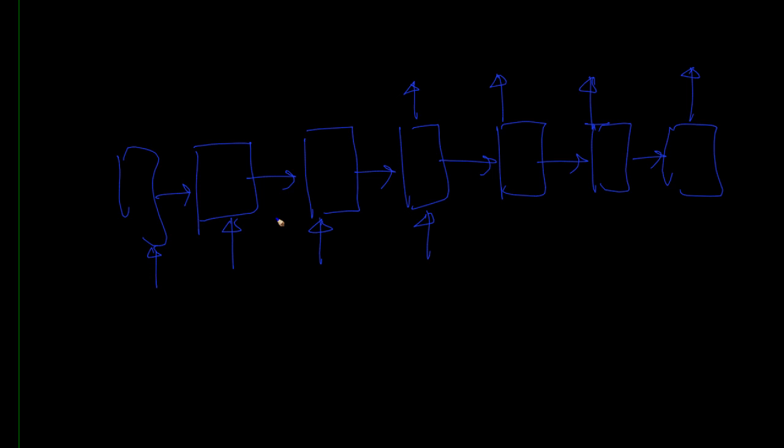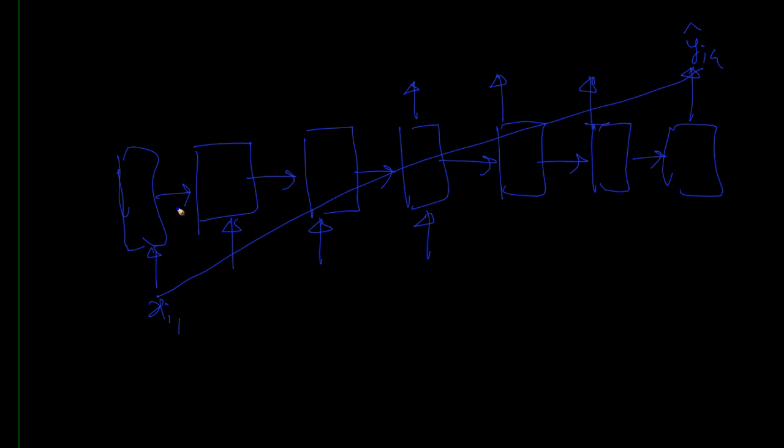The problem with RNN was this long-term dependency. When y4, let's say, was dependent on this x1, this long-term dependency was not taken care of in RNN.